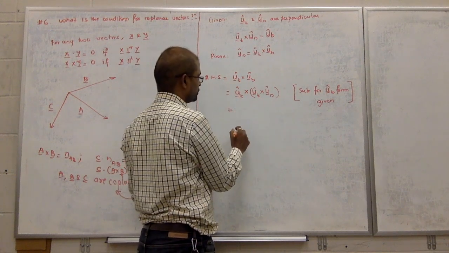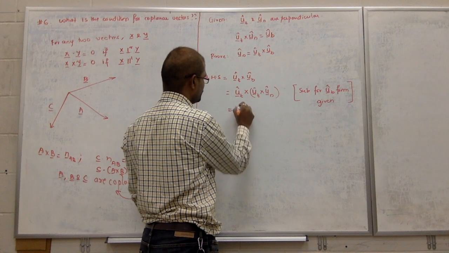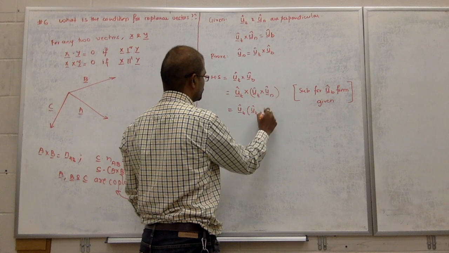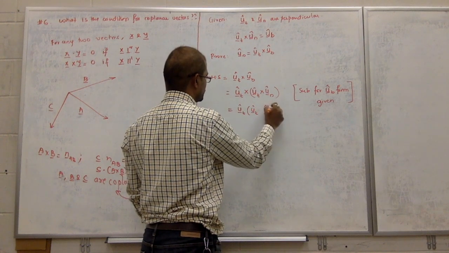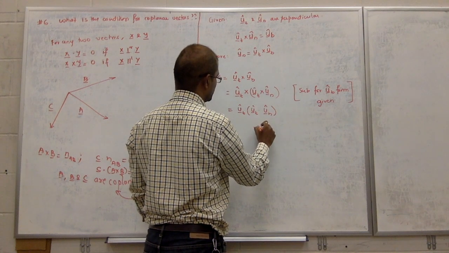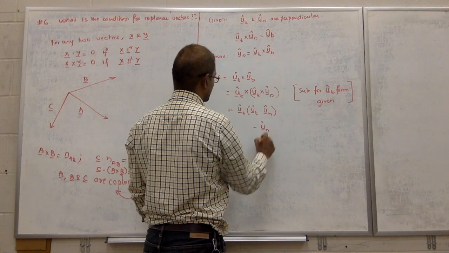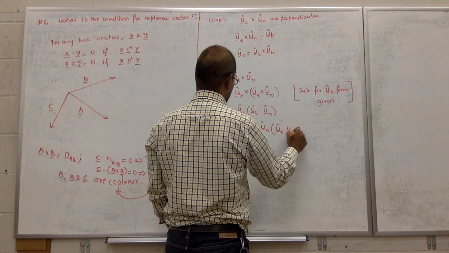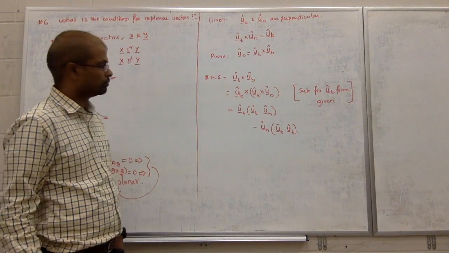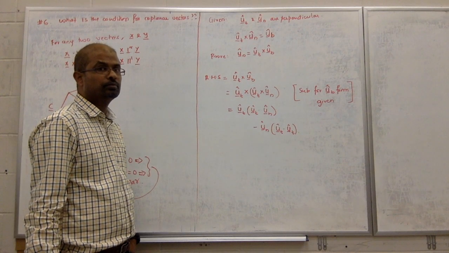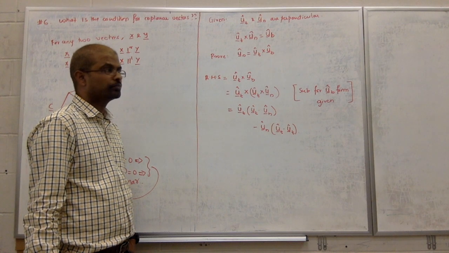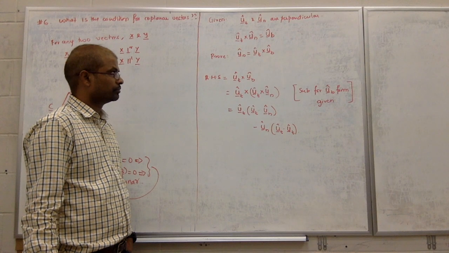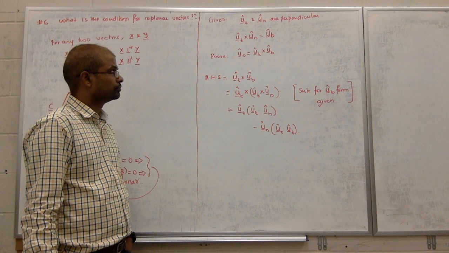You simply apply the BAC-CAB rule here. If you do that, you're going to get UT dot UN, minus UN, UT dot UT. So you have to use substitution again, right?